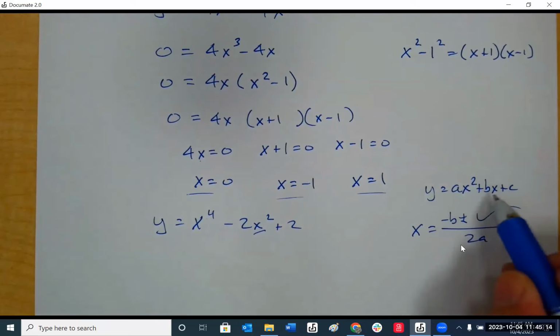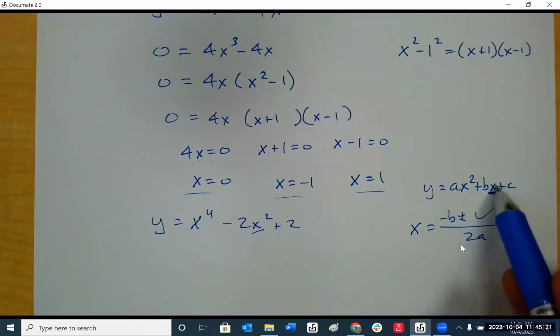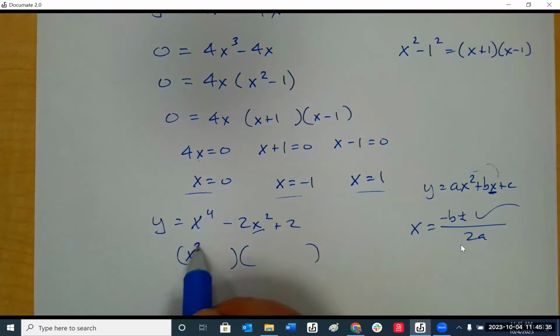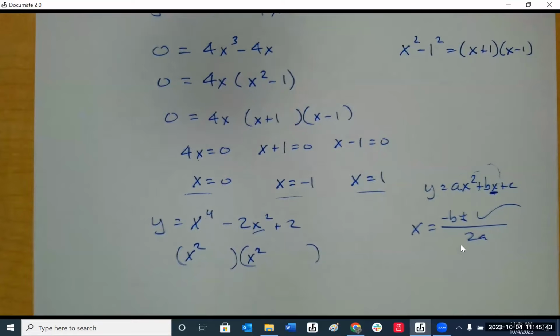Whenever you solve for it, you look at the middle term. If you take the middle term and square it, do you get this one? If yes, then you have a quadratic-like equation. This one's squared. If I square it, I get 4. So this one is quadratic-like, because what I'm going to have here is x squared, x squared, if it's factorable. If not, then I can do something else.